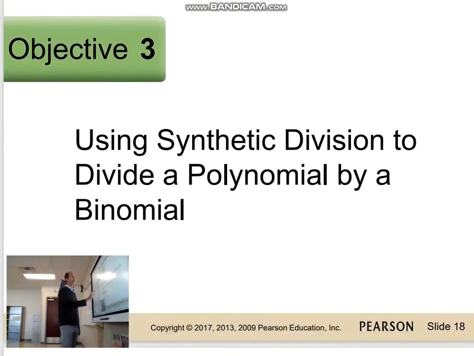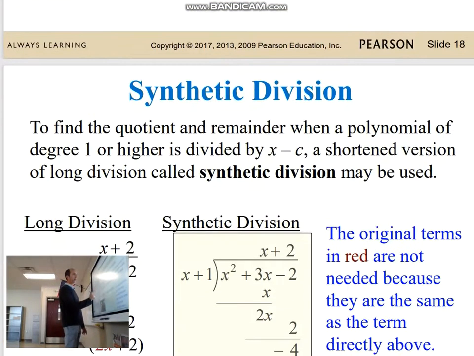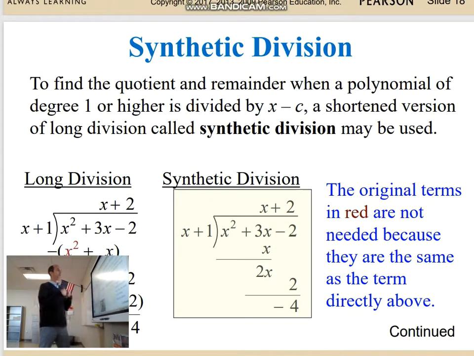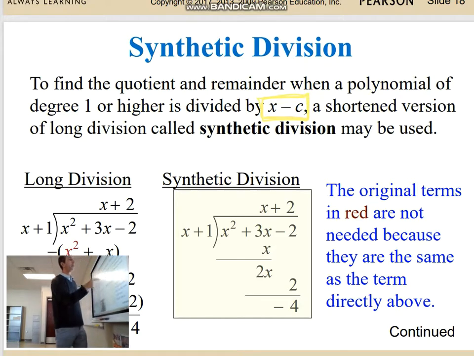The next objective is to use synthetic division to divide a polynomial by a binomial. With synthetic division, we find the quotient and remainder when a polynomial of degree 1 or higher is divided by x minus c, where x is the variable and c is a real number.